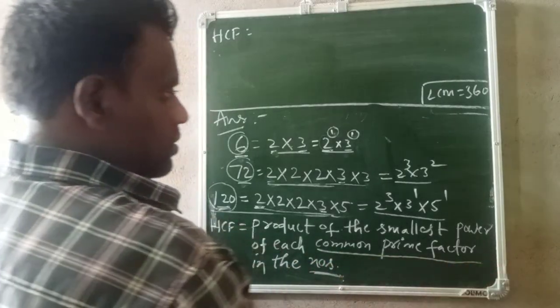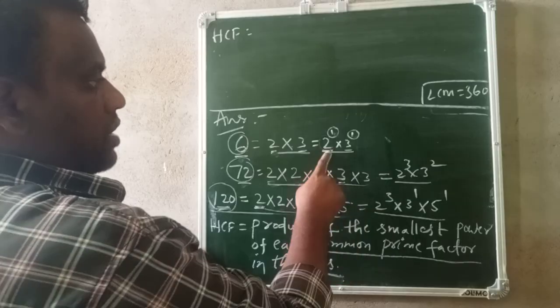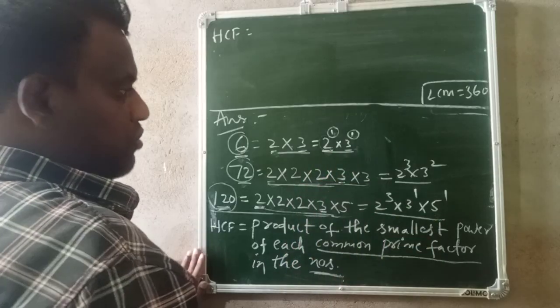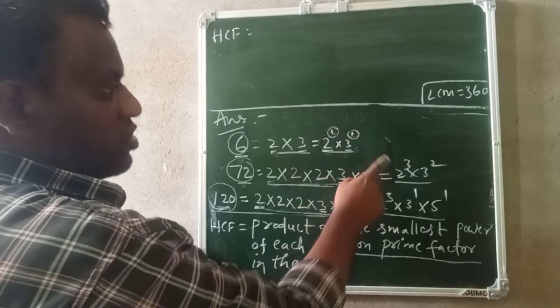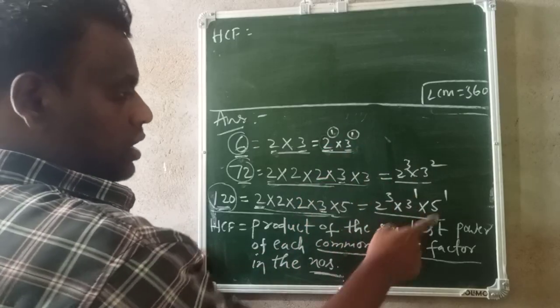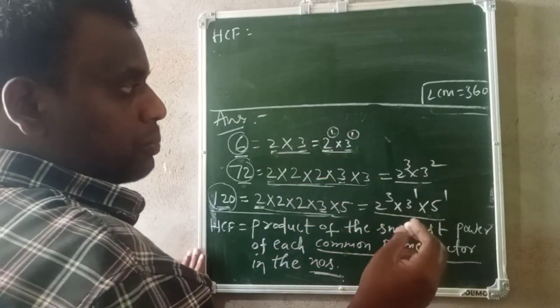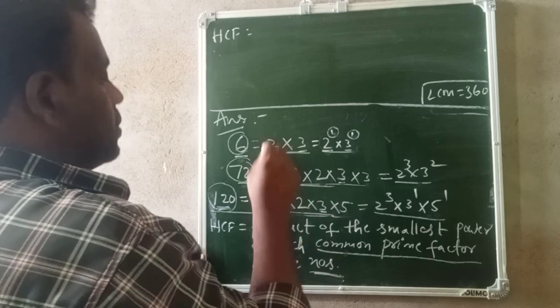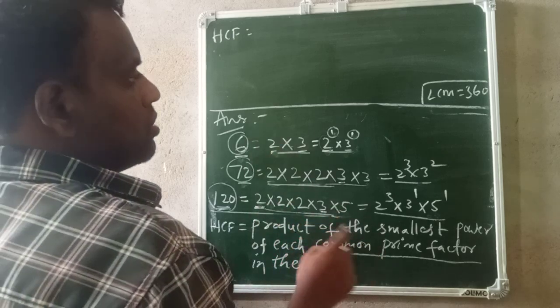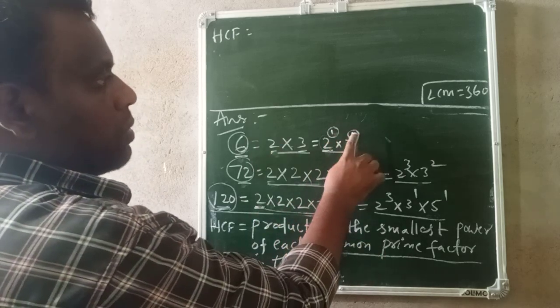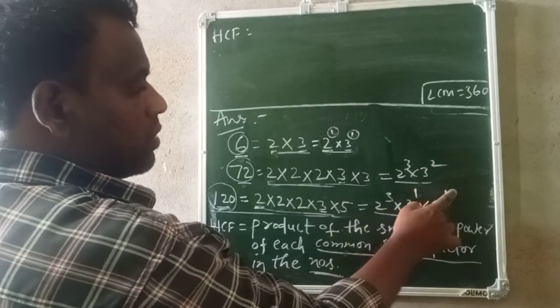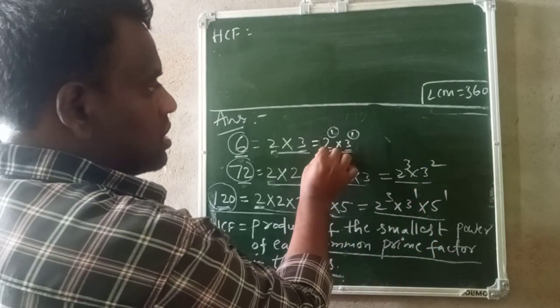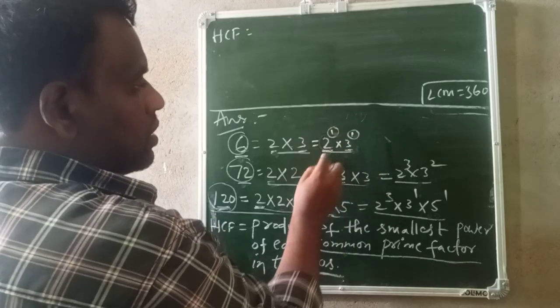Common prime factor. So these are the prime factors: 2, 3 and 5. Common means you find the prime number that is present in each of these three. Which is common, except the power. Don't consider the powers now. These are the powers; consider only the bases.